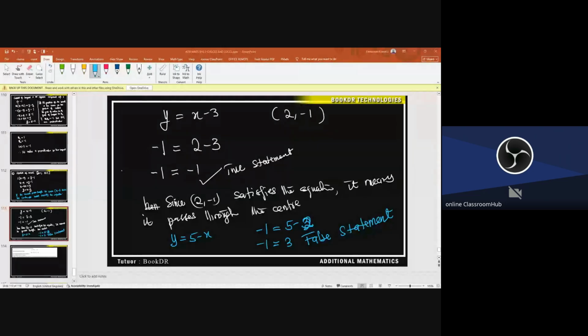The left-hand side is indeed equal to the right-hand side. So it means the coordinate (2, -1) indeed satisfies the equation of the normal, y is equal to x minus 3. Once a point satisfies an equation, it means the point is on the line.